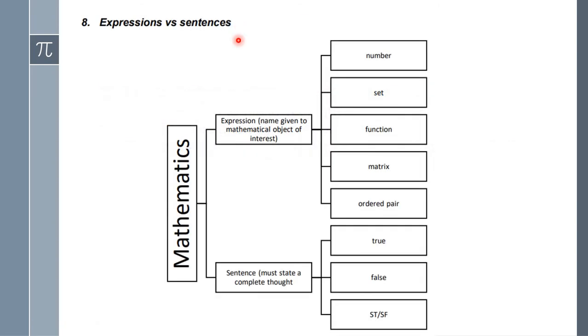Expressions versus sentences. In English, a sentence must state a complete thought and ends with a period. Expressions in the English language are referred to as phrases. In mathematics, an expression is a name given to a mathematical object of interest.